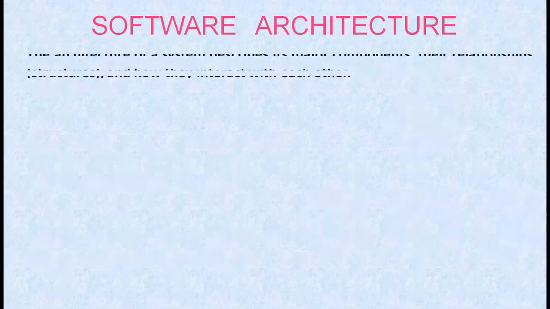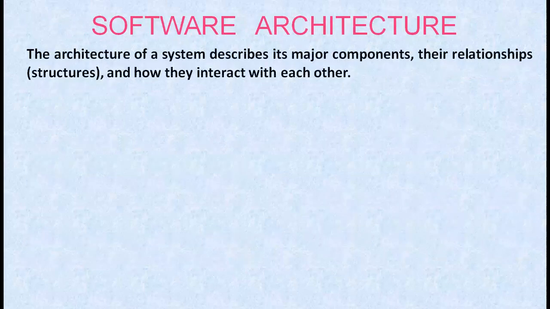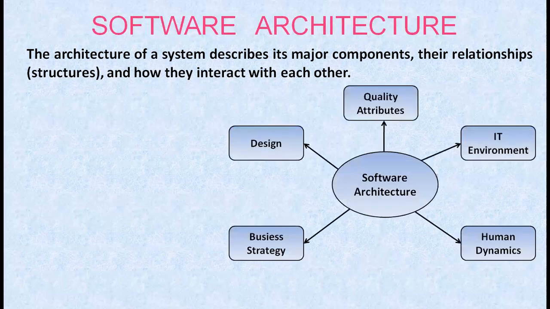The architecture of a software system describes its major components, their relationships, structures, and how they interact with each other. Software architecture and design include several contributory factors such as business strategy, quality attributes, human dynamics, design, and IT environment.